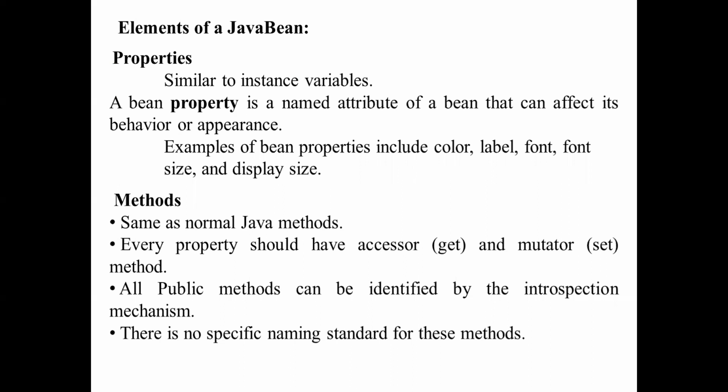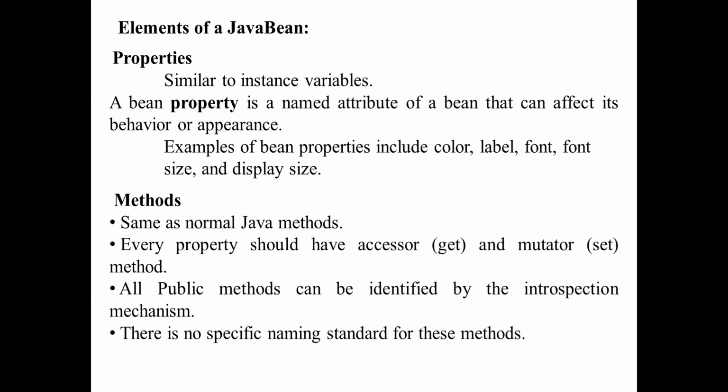This is very important. It can be used for the behavior and the appearance of an object. For example, a bean property can include color, label, font, font size, and display size. These are the appearance and behavior properties of an object. That is the elements of the Java Bean.